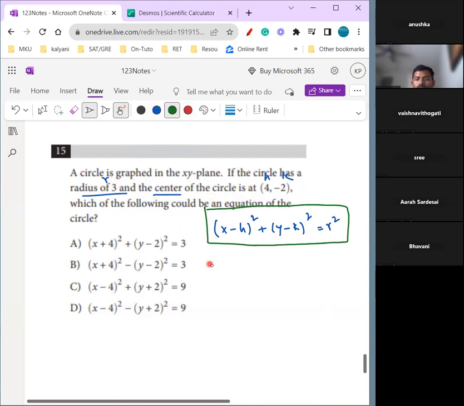That's going to be (x minus 4) squared, plus (y minus k), where k is negative 2, that's a double negative, so flip it to plus 2, squared. R is 3, so r squared is 9. So your answer is C. That is really important. You look at those little things and then you can do it way faster. All good, everybody? Understand it?